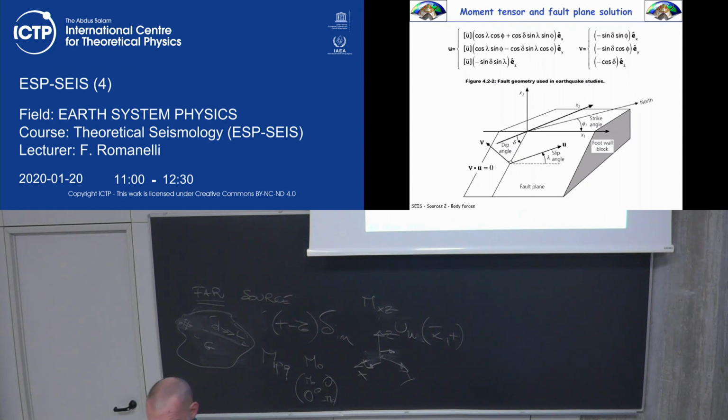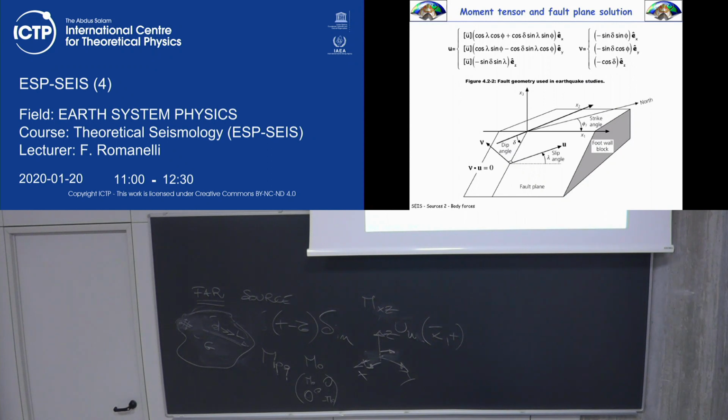You can call it slip angle or rake in some geological terms, and that is an angle plus its amplitude. How much is it? 1 centimeter, 10 meters. The amplitude of u. Good. Now, how to relate u and ni to these angles?